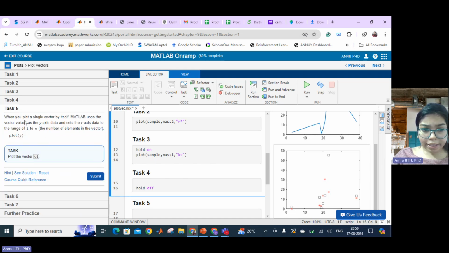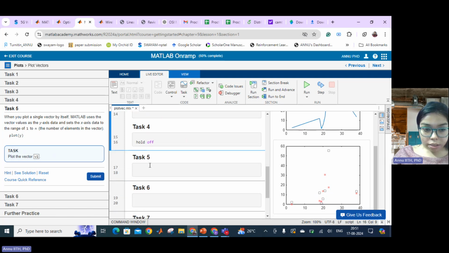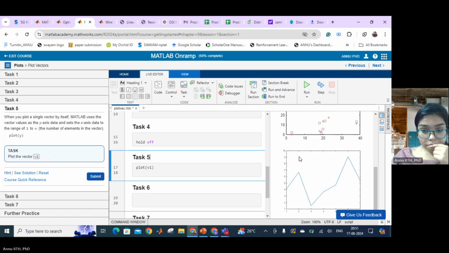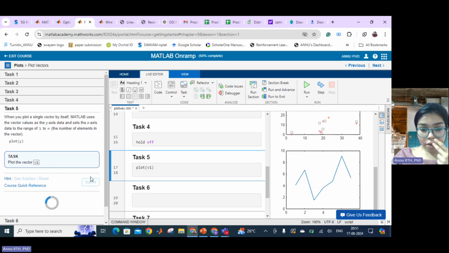Now, when you plot a single vector by itself, it uses the vector as the y-axis values and sets the x-axis data to the range 1 to n. So we can have a simple plot. Since it is continuous, it goes from 1 to n.